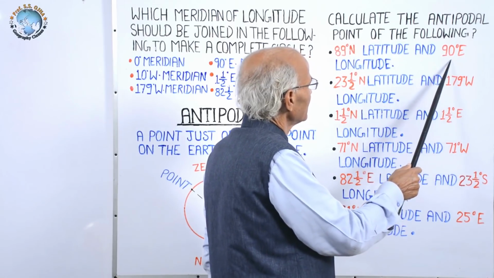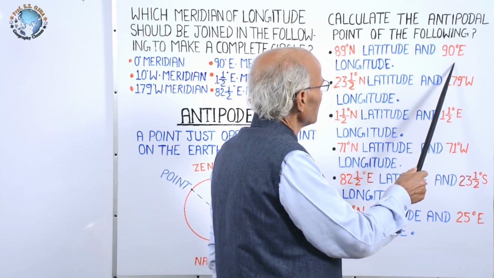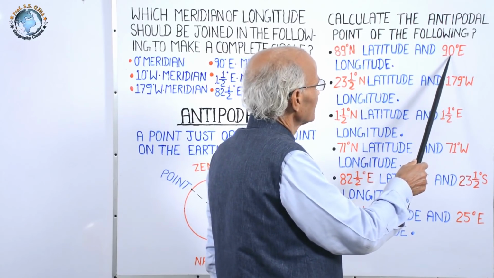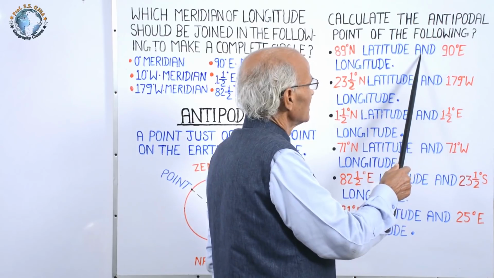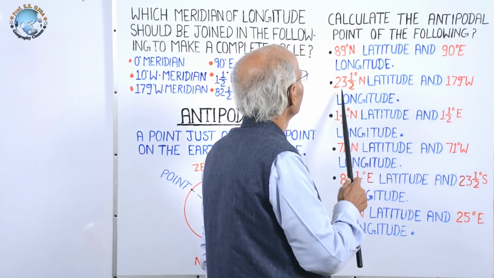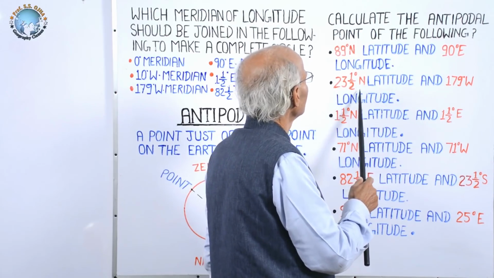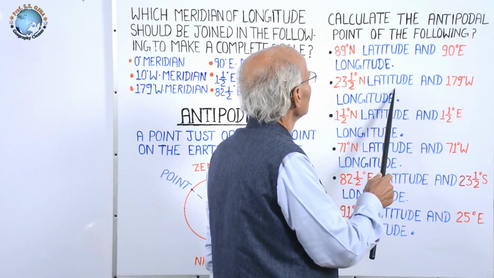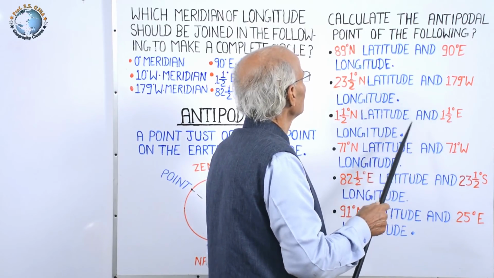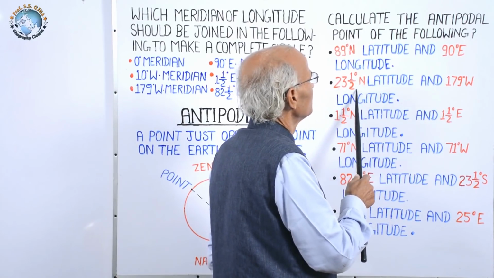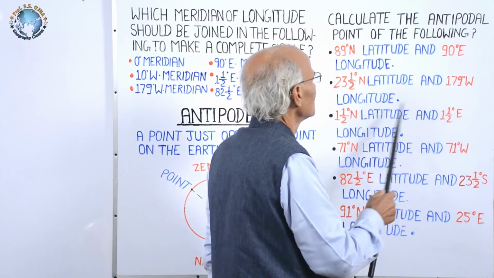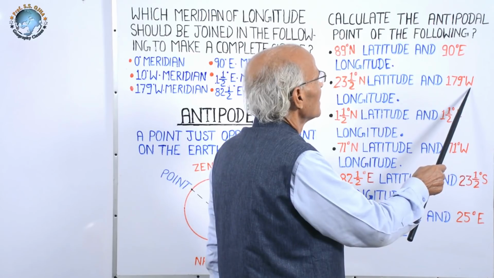For 90 degree east longitude, in place of east you will write west and deduct this 90 from 180, so the answer will be 90 degree west. If the question is 23.5 degree north latitude, in place of north you will write south, but the value will be the same. Here 179 degree west, you will write east, and here 1.